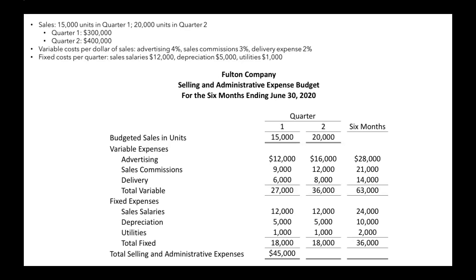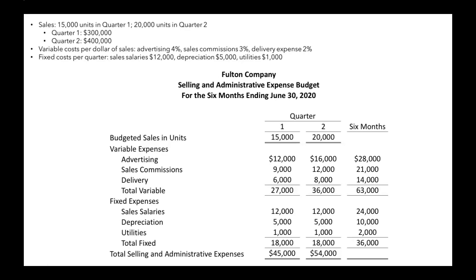Now for quarter two, we take the $36,000 that we find under the total variable plus the $18,000 for the total fixed, and we have $54,000 in selling and administrative expenses for quarter two.